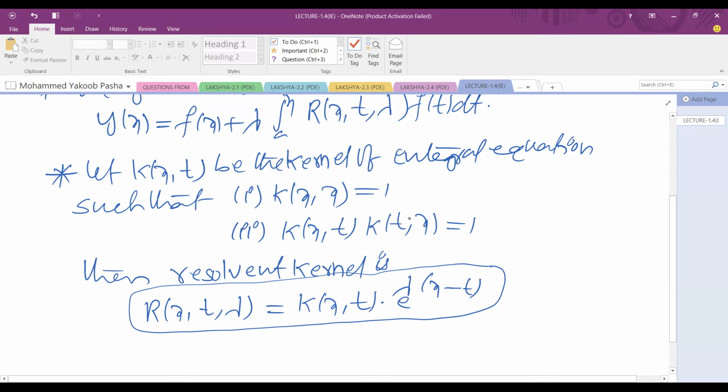If it does not satisfy these two conditions, how do we find the resolvent kernel? That is the general case, whether it satisfies these two conditions or not.